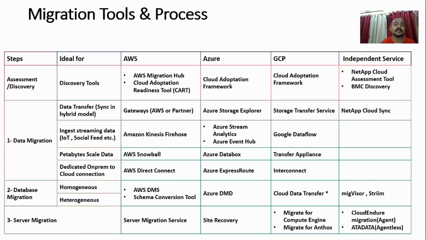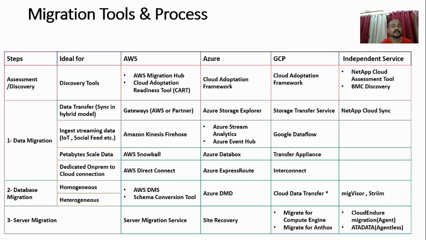Apart from that, if you don't want to use any of these tools, though they mostly come free of cost, and you need an independent view, you have the NetApp Cloud Assessment or the VMC discovery tool as well. However, the market-leading AWS Migration Hub is pretty robust, and I think much better than any of the independent service providers.